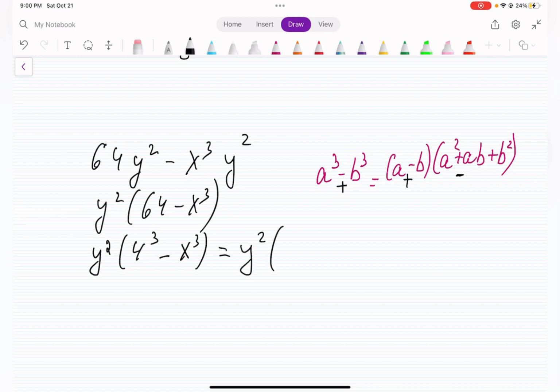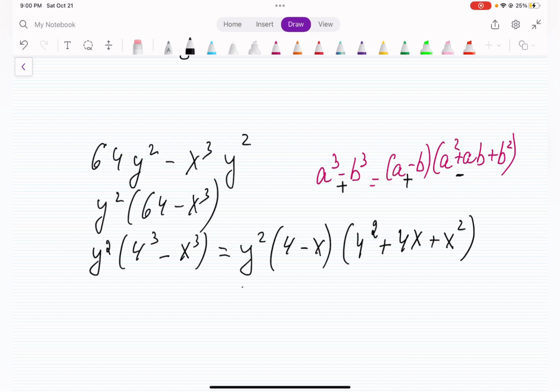A minus b, my a is going to be 4, my b is going to be x, and then a squared, which is going to be 4 squared, plus ab, 4 times x, and plus b squared, meaning plus x squared. Right? Okay.